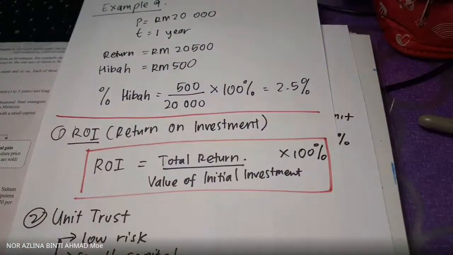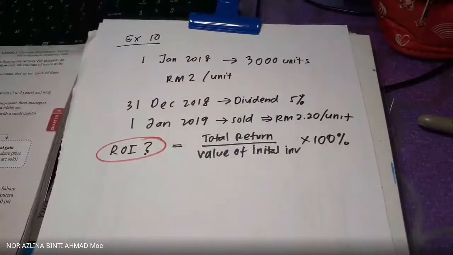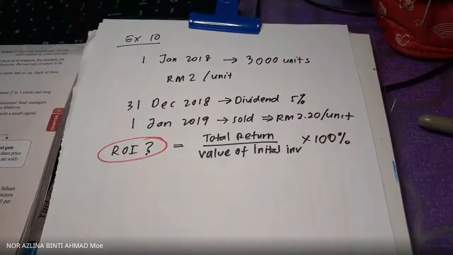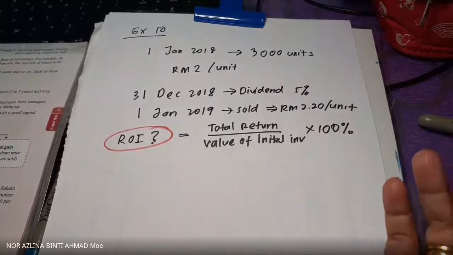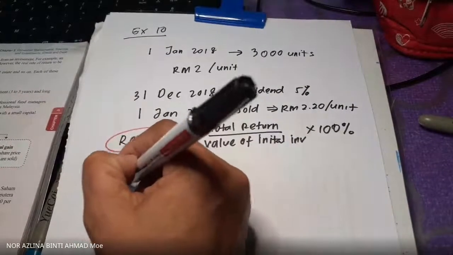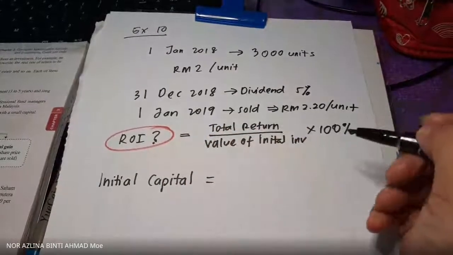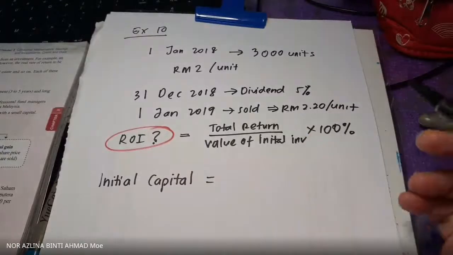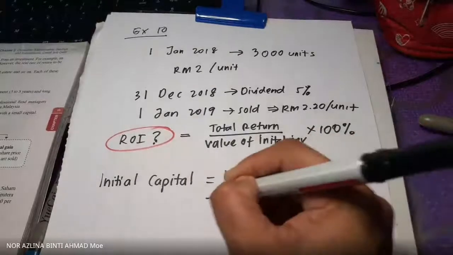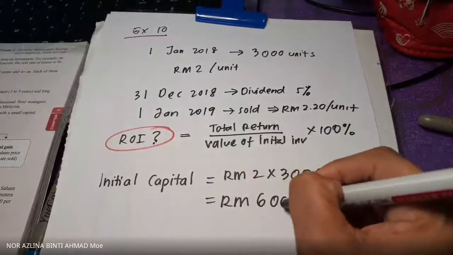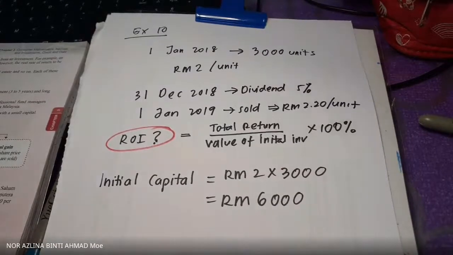Total return over value of initial investment multiply 100%. So now, kita kena tahu dulu initial capital dia berapa. Awal-awal, modal awal dia berapa. So dia beli share kan. Share tu ada 3,000 unit, RM2 satu unit. So RM2 multiply 3,000 unit. So dia bayar sebanyak RM6,000 untuk initial capital, modal awal dia.